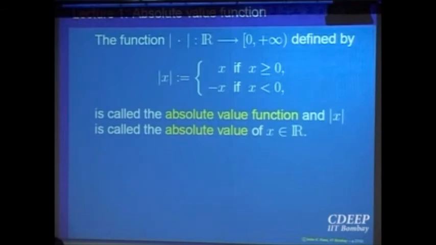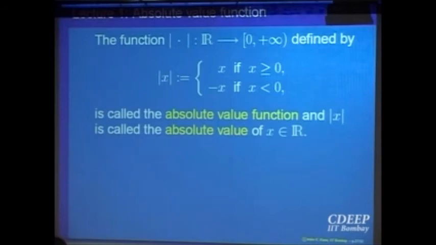So we define what is called the absolute value. Geometrically it is the distance from the point 0. It is the number x itself if x is non-negative. And if it's negative, because the distance has to be non-negative, it is minus x, because x is less than 0, so minus x will be bigger than 0. Clear to everybody? So geometrically it is the distance of the point from the special point 0.